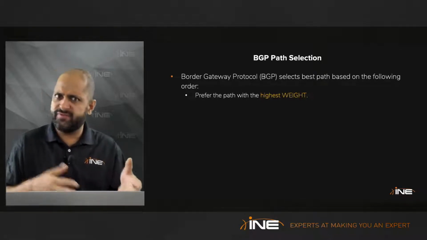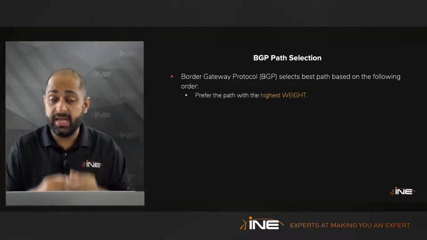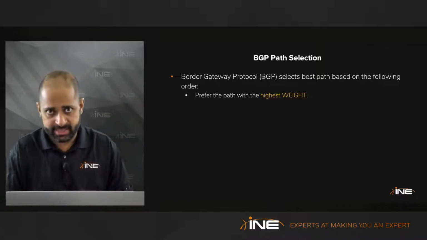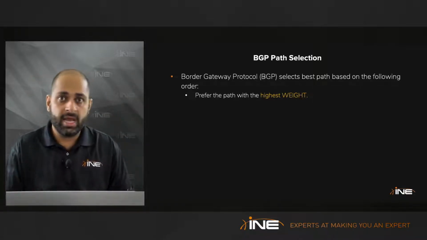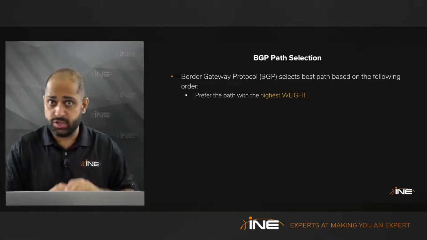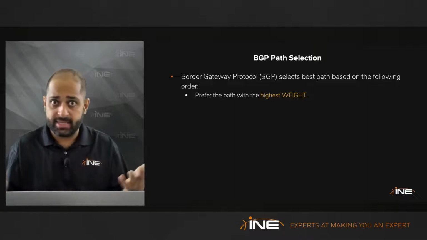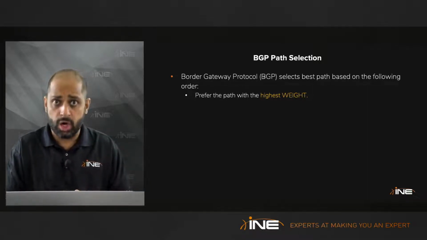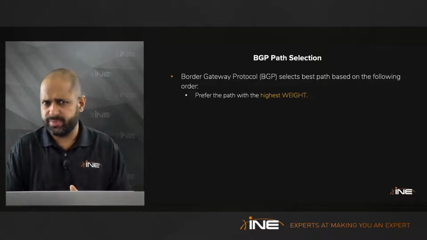Is it transitive or non-transitive? Transitive means it can be sent across multiple ASs. But weight is locally significant to the router. It cannot be sent to anyone, intra-AS or inter-AS. It is local to the router. So weight is non-transitive.